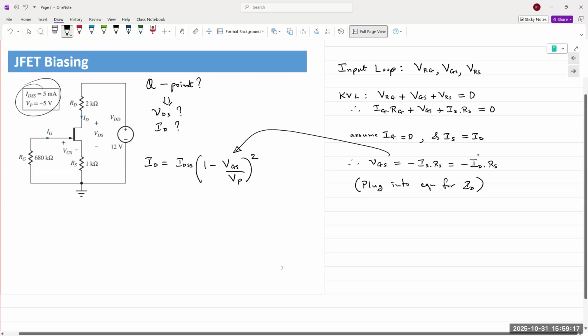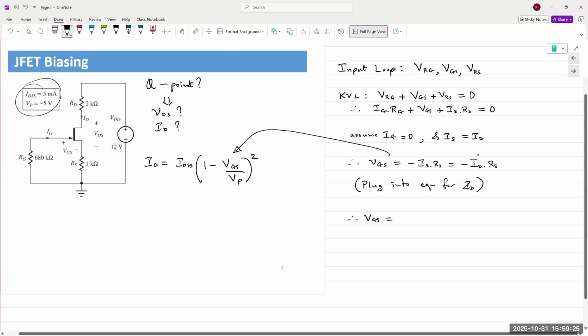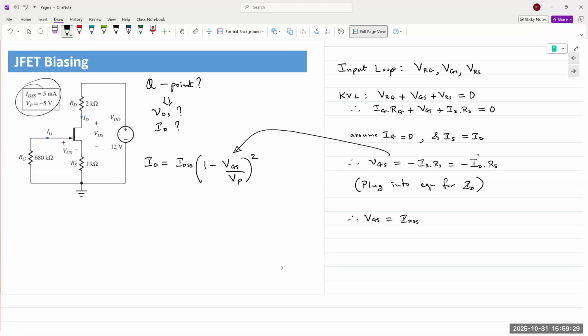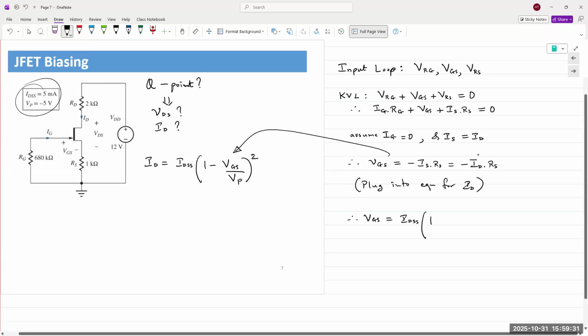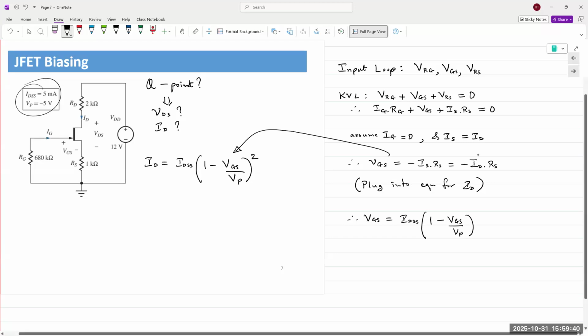Okay, and then rearranging the terms, I can write VGS is equal to IDSS times 1 minus VGS over VP, the whole square, times RS.